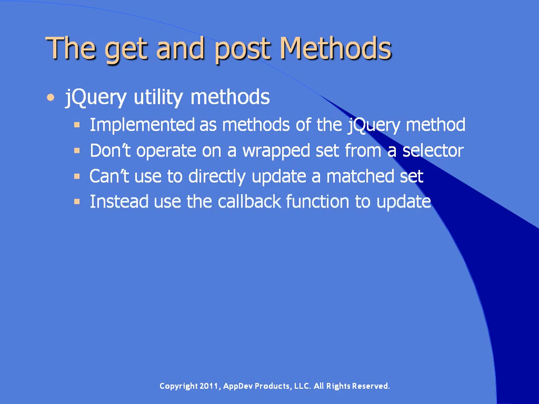Instead, you have to use each method's callback argument to define a function that takes the response and does whatever it needs to do to update the page. The other difference between these methods and the load method is that the get and post methods use their respective HTTP get or post no matter what arguments you pass them. All right, so let's see this in action.